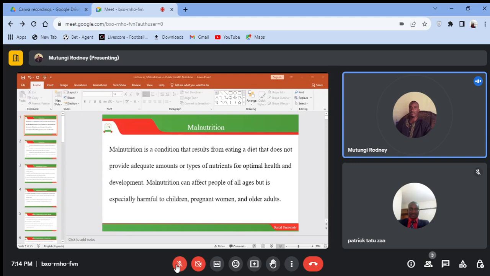The other effect, especially when we look at adolescents, is the fact that their puberty, all those sexual characteristics, might be delayed because of not eating well. Okay, and also malnutrition can go on to affect their brain functioning or cognitive development, and it also increases their risk of developing chronic diseases later in life.